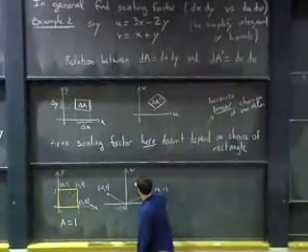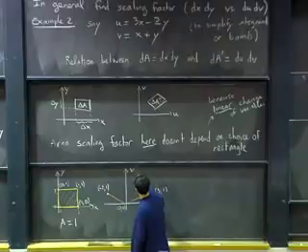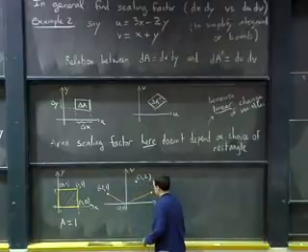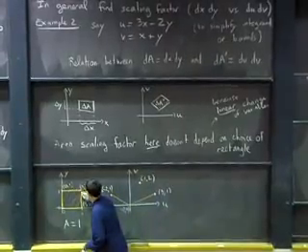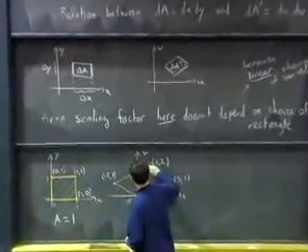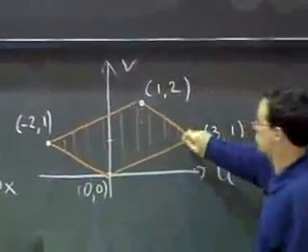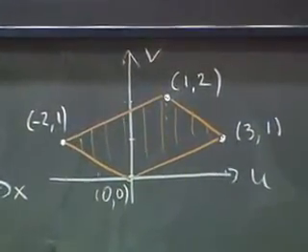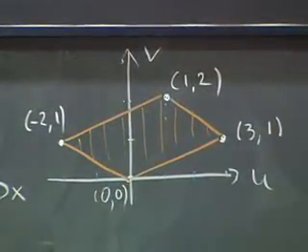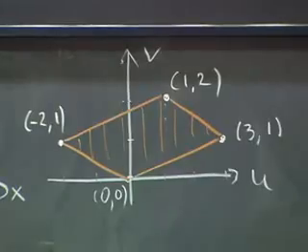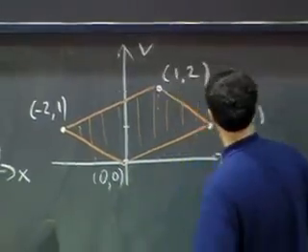So I want 1, 2. And these edges will go to these edges here. And you see it does look like a parallelogram. Okay? So now what's the area of this parallelogram?